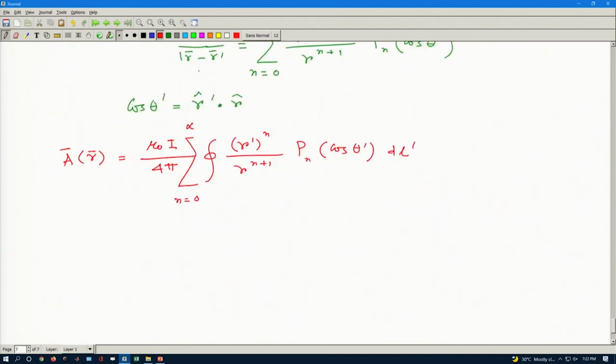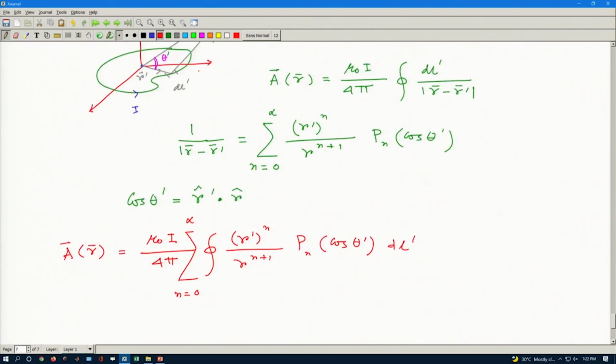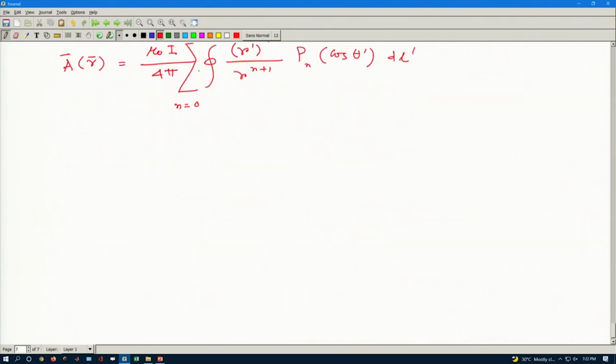Okay, so now we are going to expand this for different n values. If you do, then I get the first term like mu 0 I divided by 4 pi.